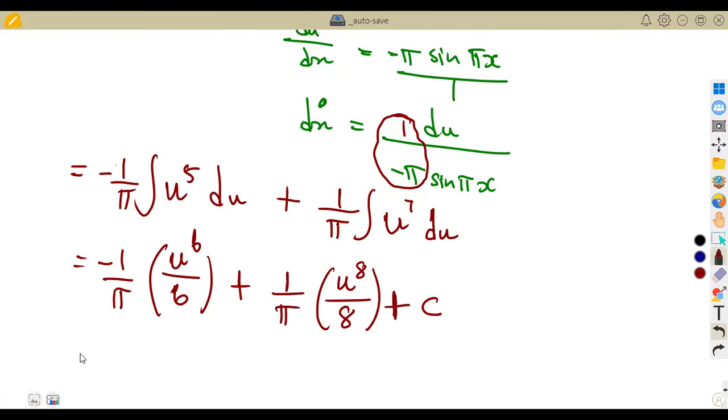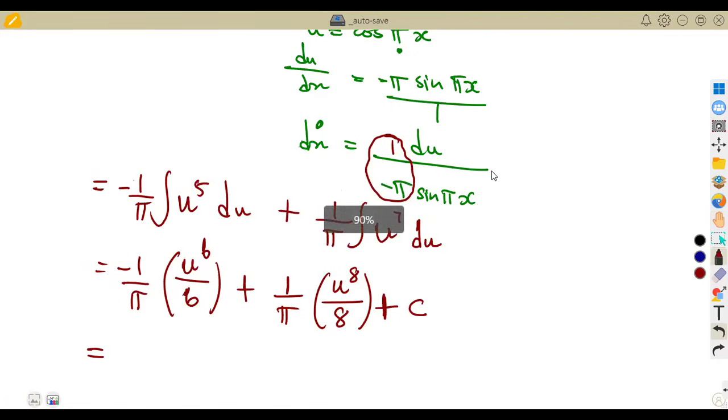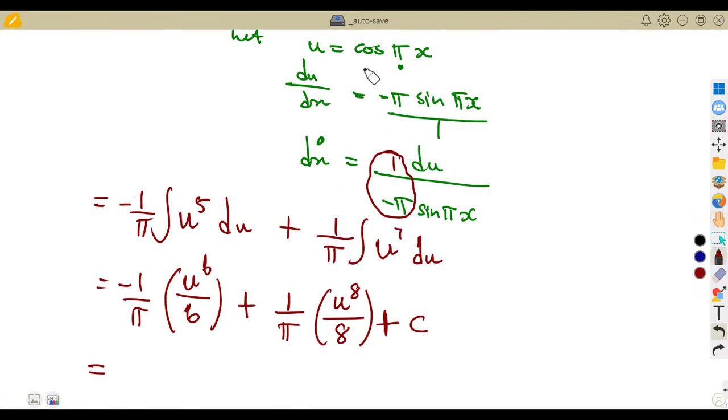And remembering that always where we see this u, we are supposed to substitute with the equivalent u that we had, and our u is cos pi x. If we multiply negative 1 times u to the exponent of 6, it is going to be negative cos to the exponent of 6 of pi x.